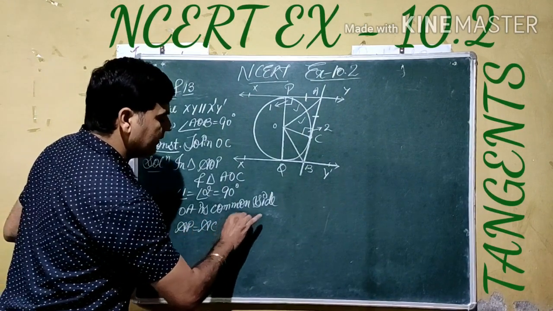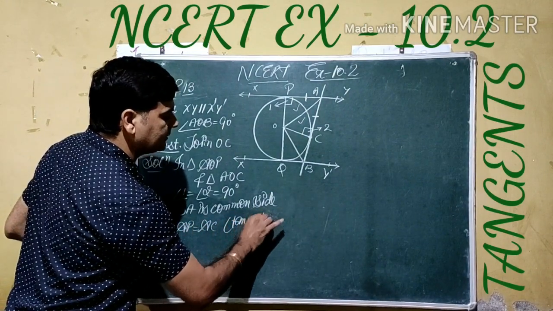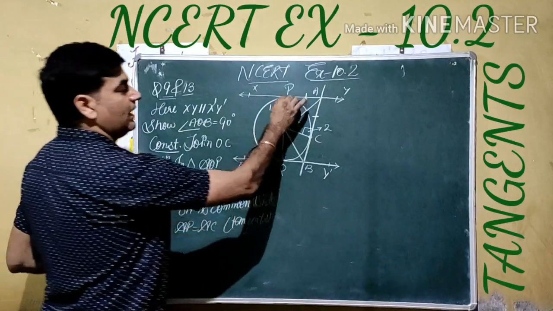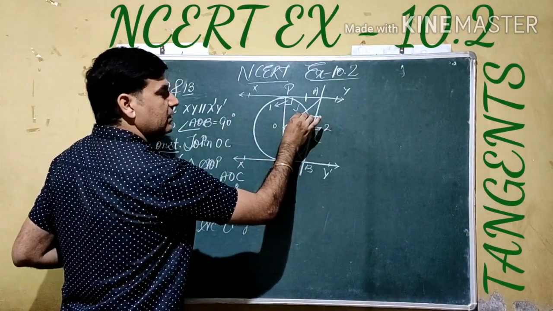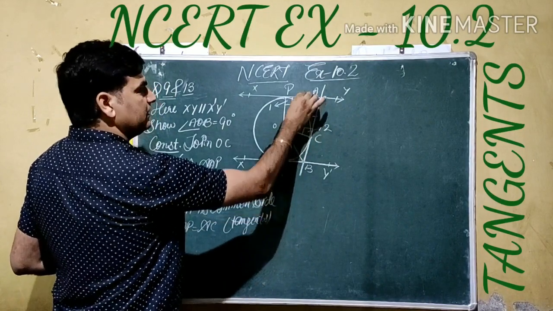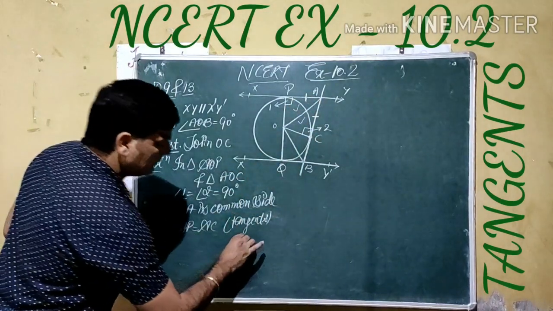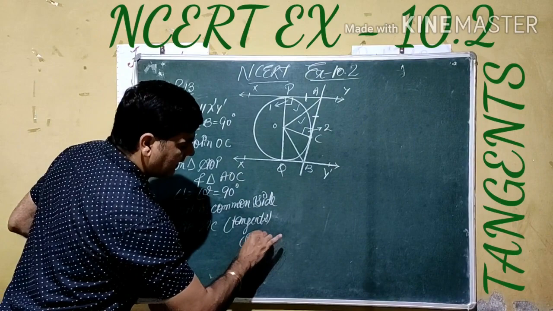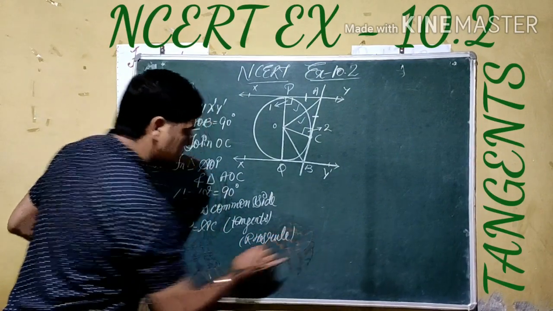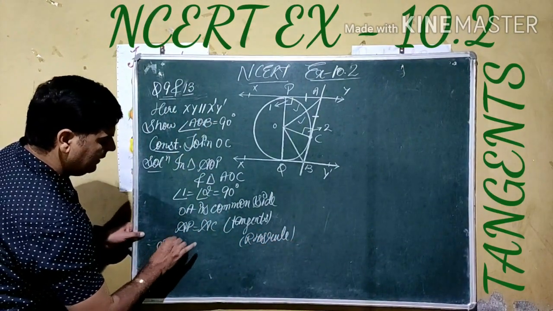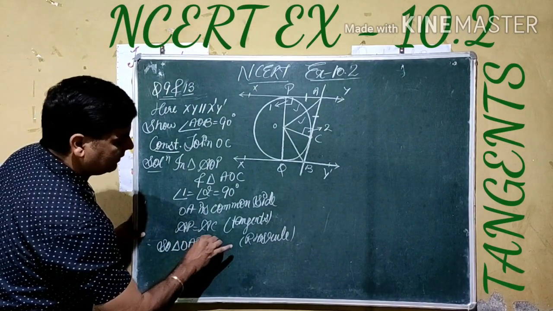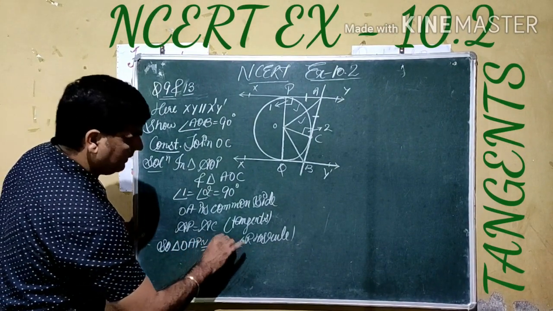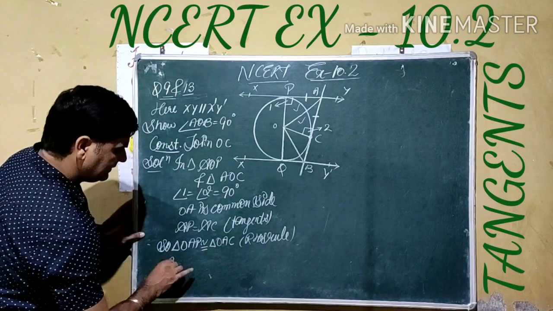These are tangents. If we see all the components, this becomes the right angle, R. This is the side opposite to the right angle, means hypotenuse. This is a side containing 90 degrees, so it becomes the RHS rule. So triangle OAP is congruent to triangle OAC by CPCT.